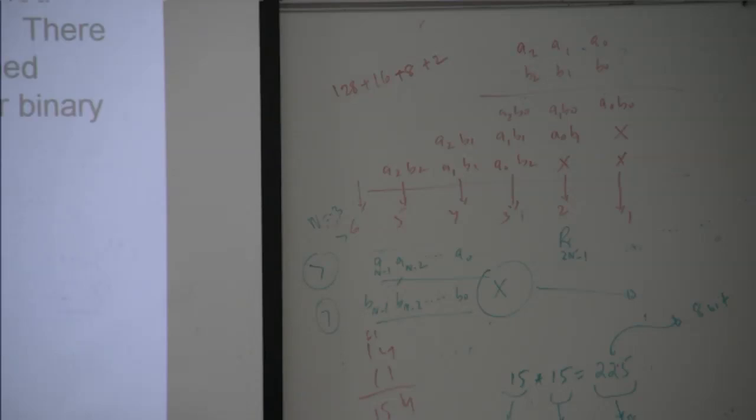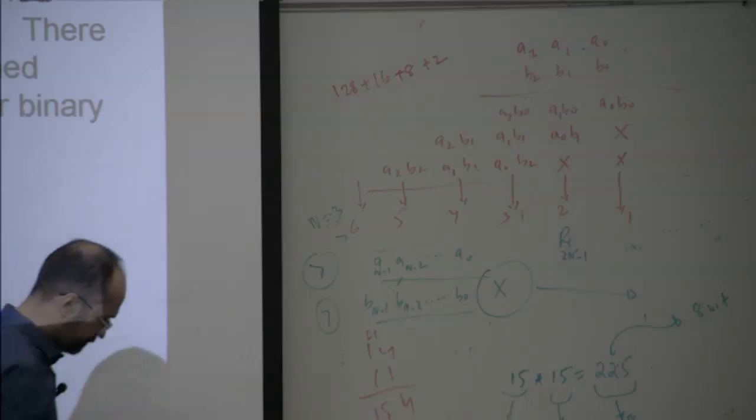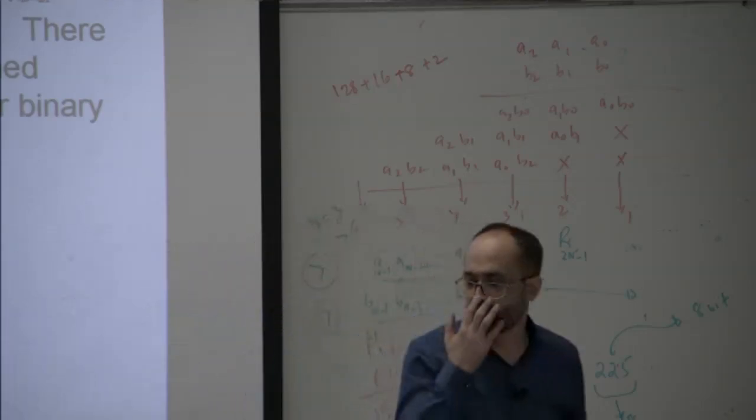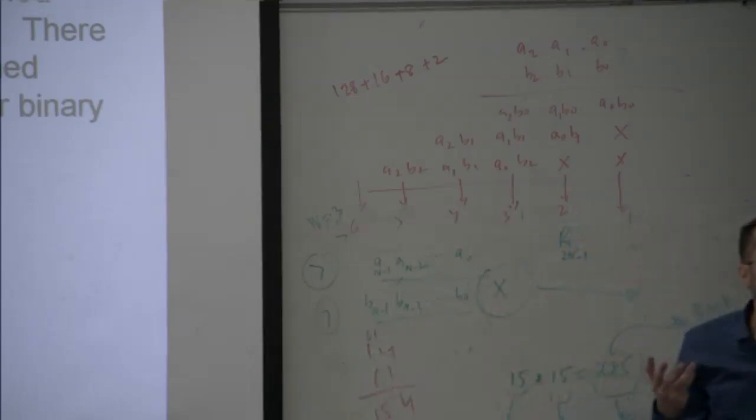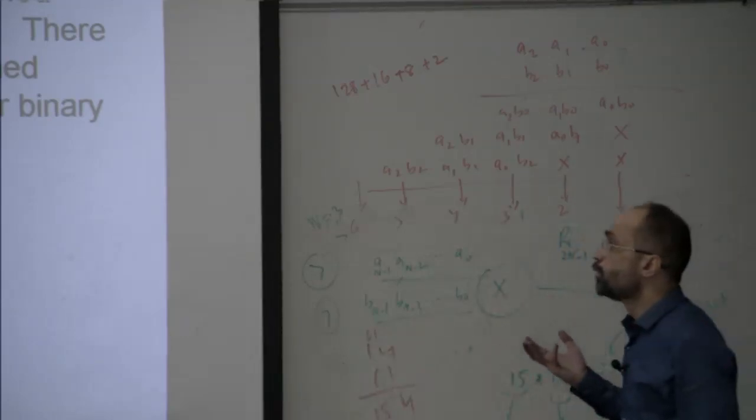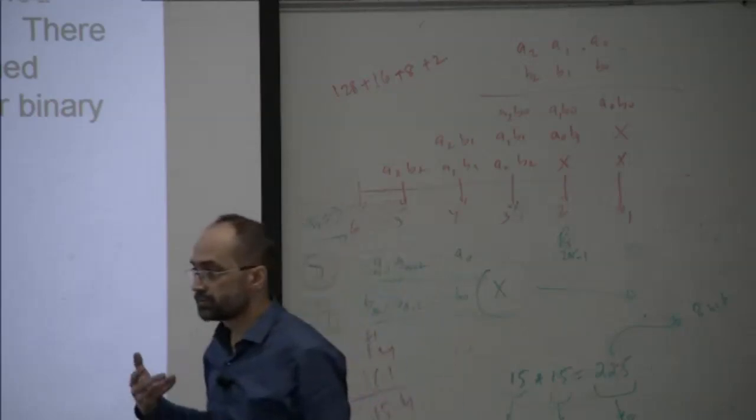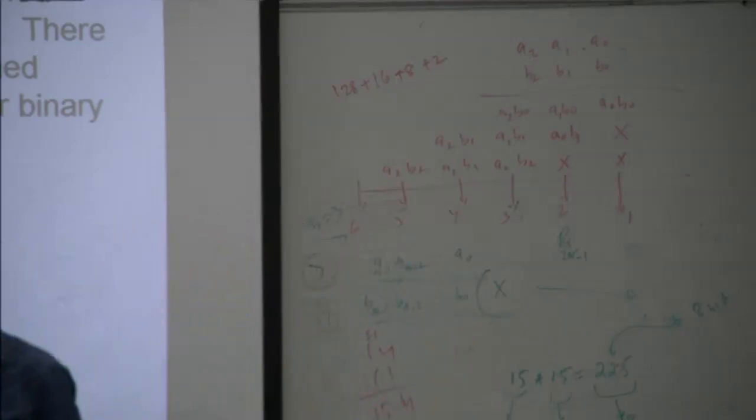Okay, negative number representation. Now you have studied CMP 120. We can have some positive number and some negative number. How do we define different numbers? What are different data types of a number? If we want to have a positive number and a negative number, how do we define it in CMP 120?